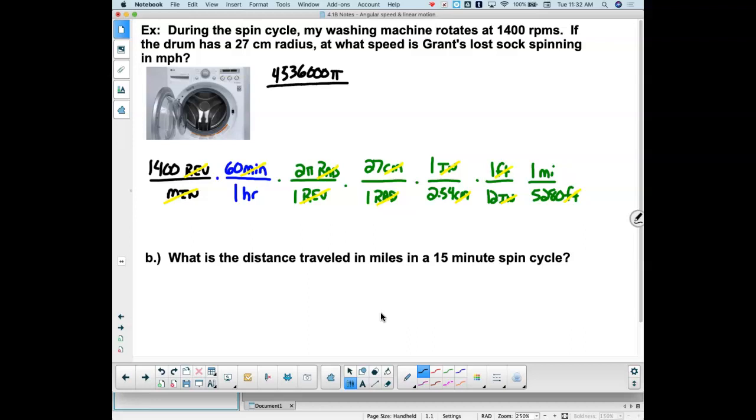On the bottom, we've got 2.54 times 12 times 5,280 gets me 160,934.4. That divided by that gets me 88.547 miles per hour.